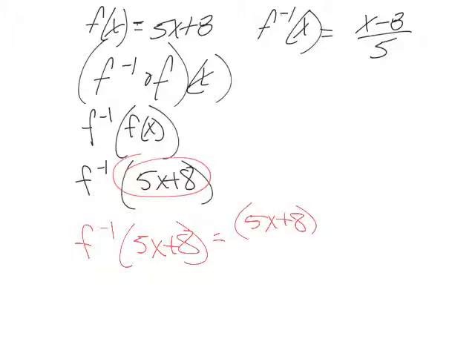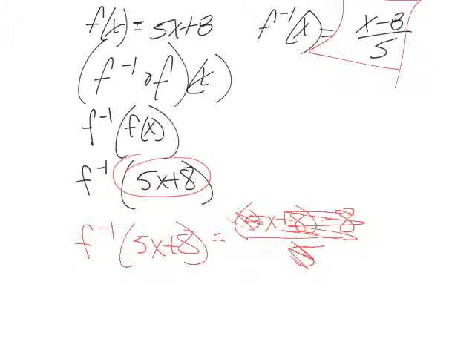I'll put it in parentheses so I remember, and then minus 8 over 5. That's taken from right here. Then this disappears, and I get 5x over 5. My 5's cancel, and what am I left with? x, which is what I want.